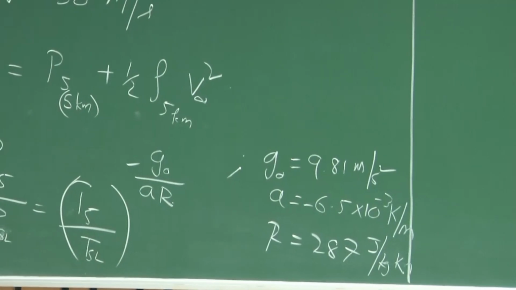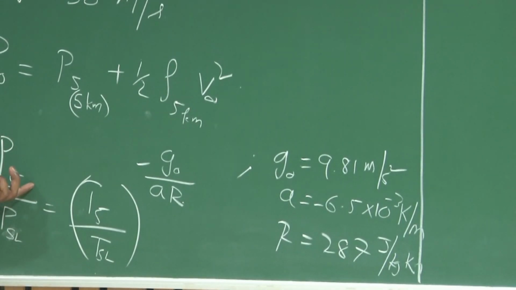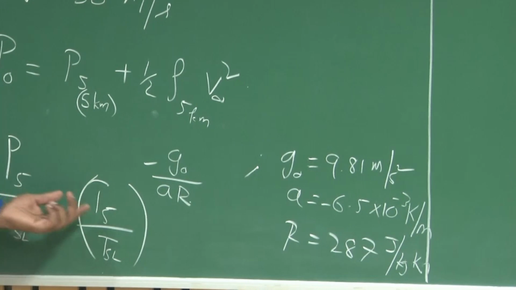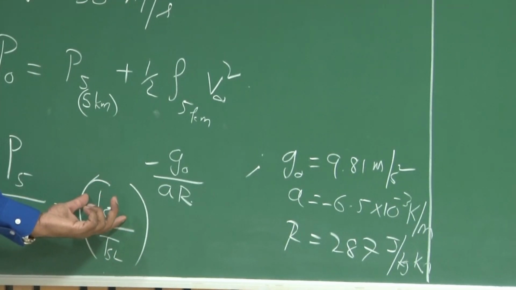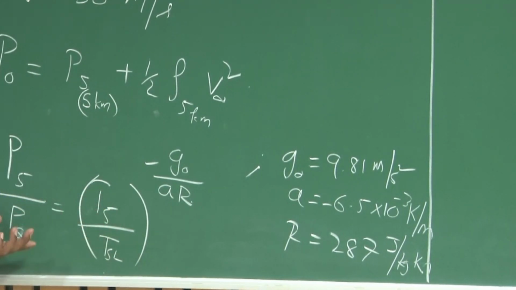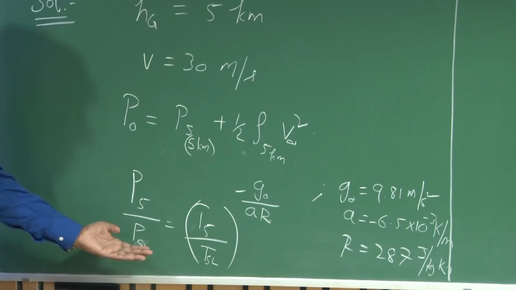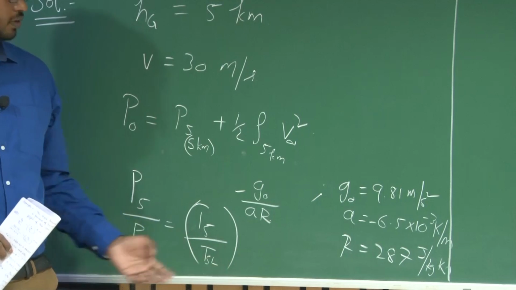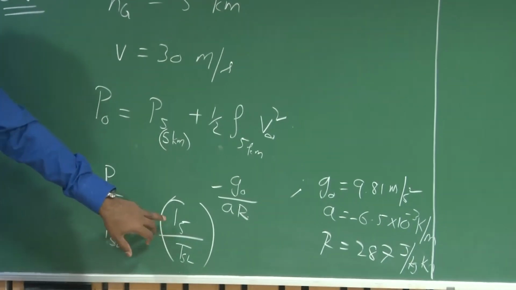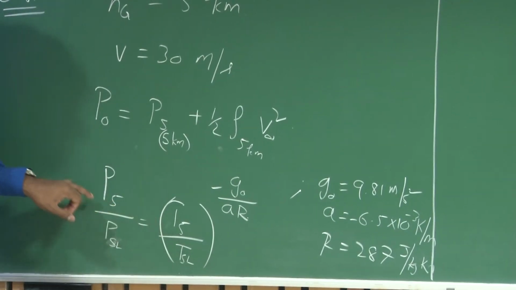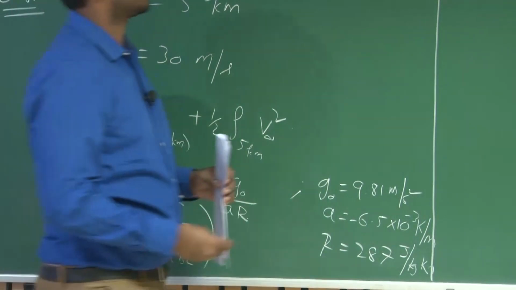Now if I want to find the static pressure at 5 kilometers, I need to know the corresponding temperature at 5 kilometers, since we know the static pressure at sea level and the corresponding temperature at sea level. If I can find T5, I will be able to calculate P5, P at 5 kilometers.